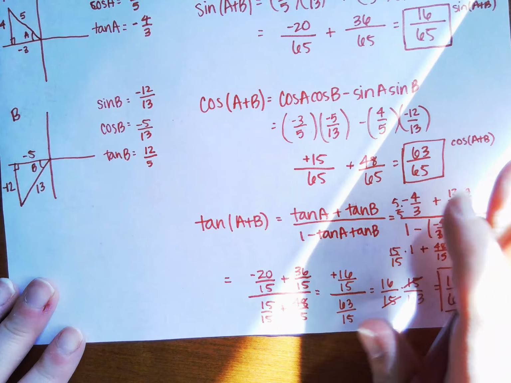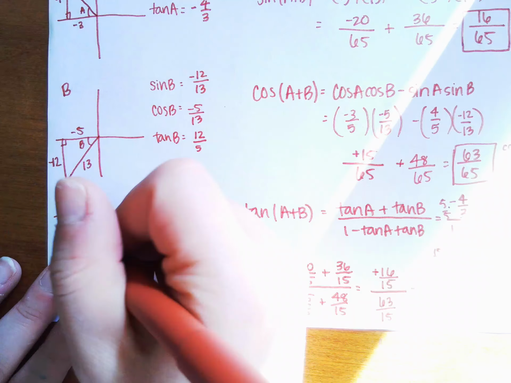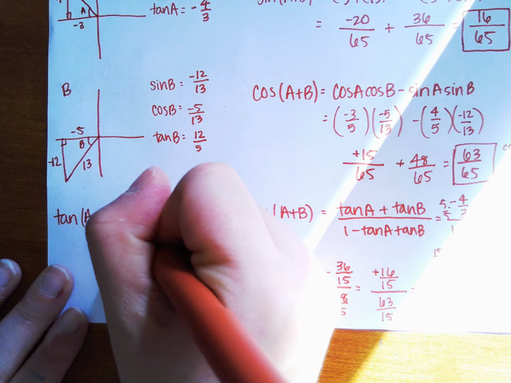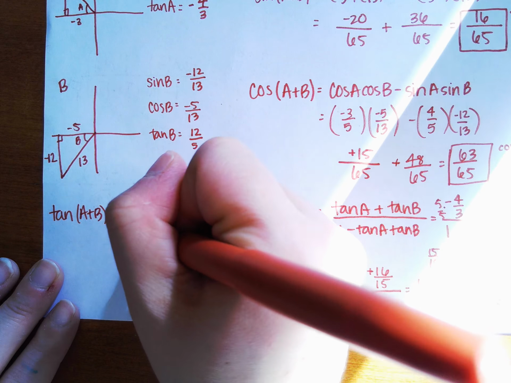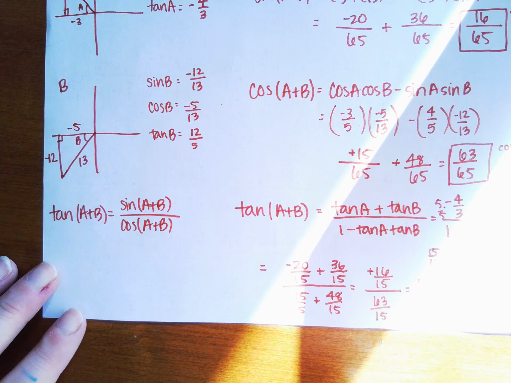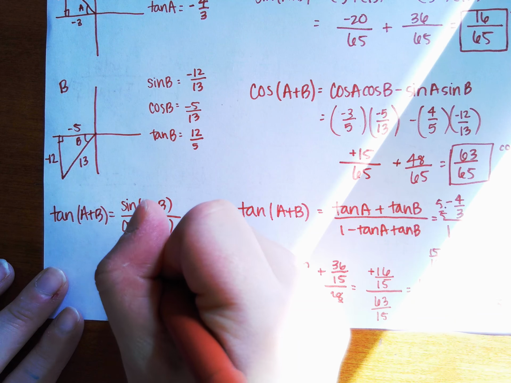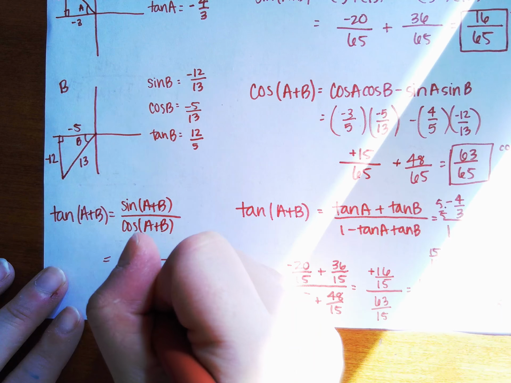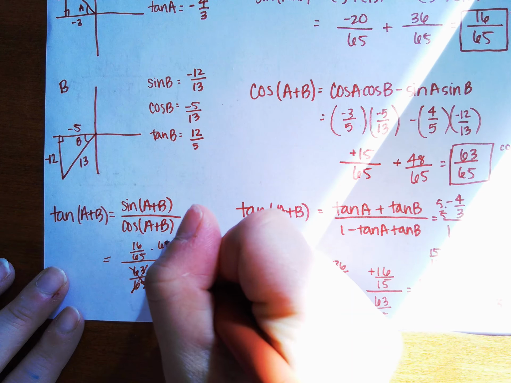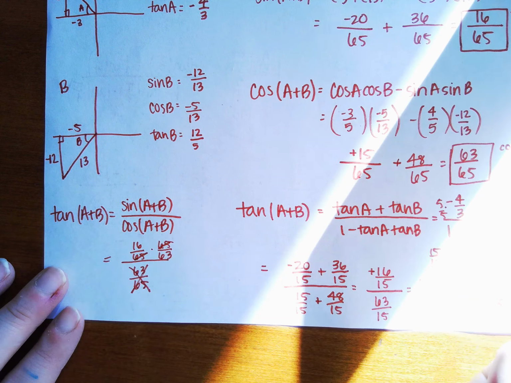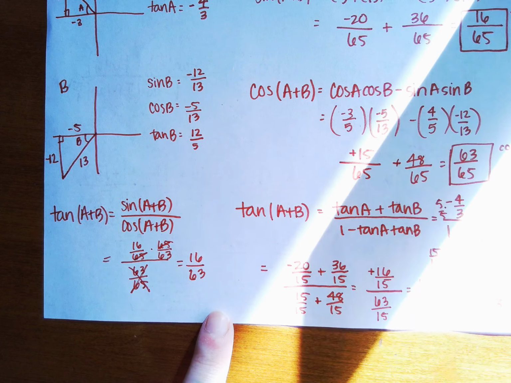An easier way of finding the tangent of A plus B, since tangent is really sine over cosine and we already found sine and cosine, is to take the ratio of the things we just found. My sine value is 16 over 65 and my cosine value is 63 over 65. When I flip that around and multiply by the reciprocal, my 65s cancel, and I'm left with 16 over 63. So you don't have to go through this whole madness to come up with that.